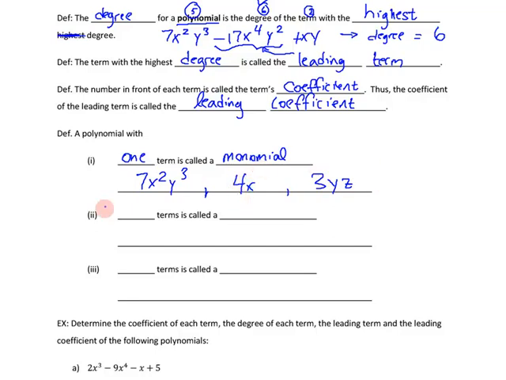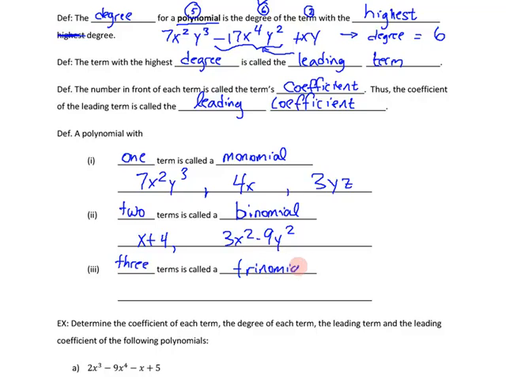If a polynomial has 2 terms, we call it a binomial. So something like x plus 4. Maybe something like 3x squared minus 9y squared. That's a binomial. And if we have 3 terms, we'll call it a trinomial.